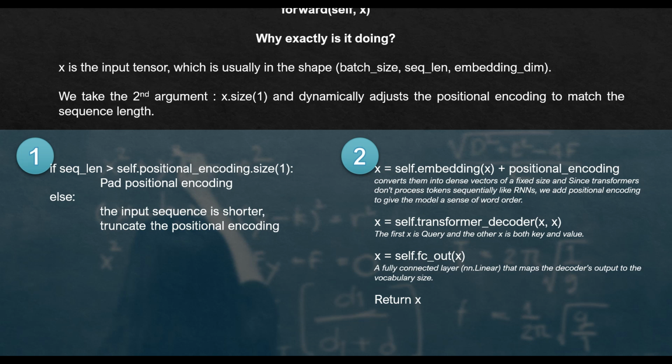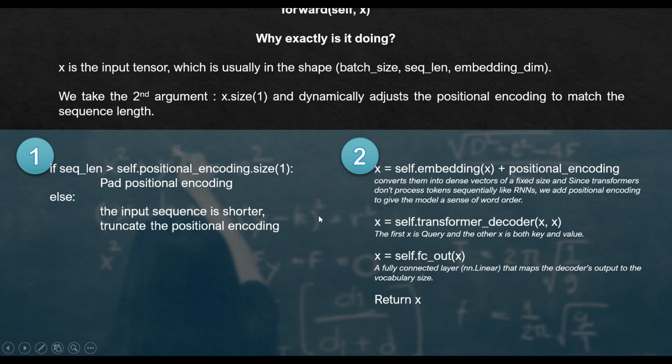The last one is a fully connected linear layer that maps the decoder's output to the vocabulary size, and then it returns the tensor. So after all this processing, you finally get the tensor back.